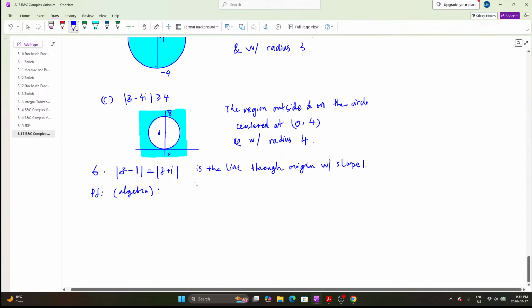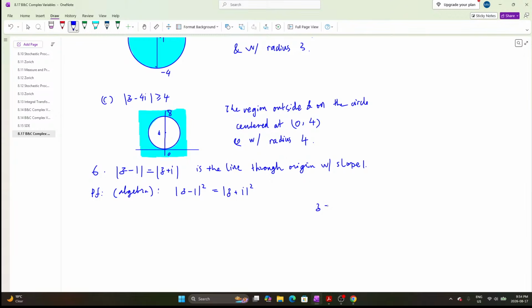So here we can square both sides. We get modulus of z minus 1 squared equals modulus of z plus i squared. And we're just going to write z equals x plus iy. So this now reads modulus of x minus 1 plus iy, squared, which equals modulus of x plus iy plus i, that's x plus i times y plus 1, squared.